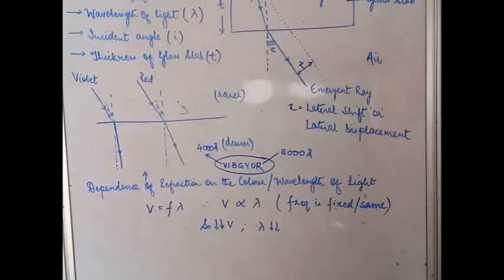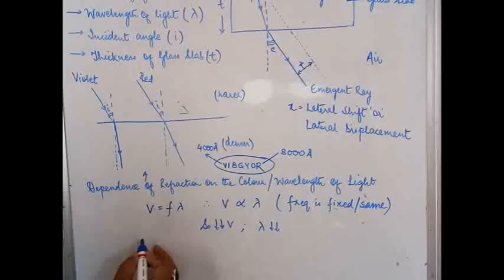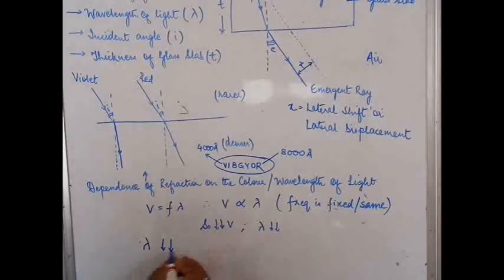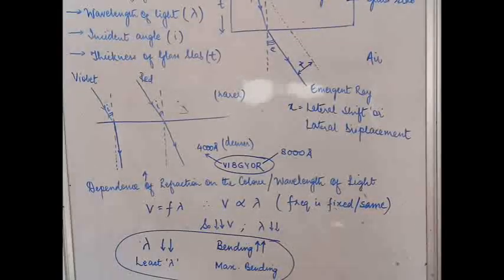More and more is the velocity change or velocity drop, more is the bending. So from now onwards you will say that as and when lambda drops, the bending will be more.